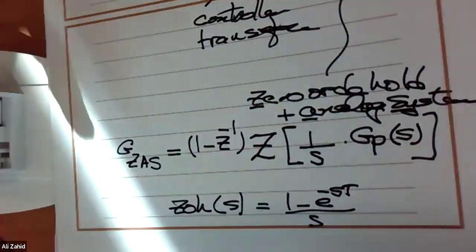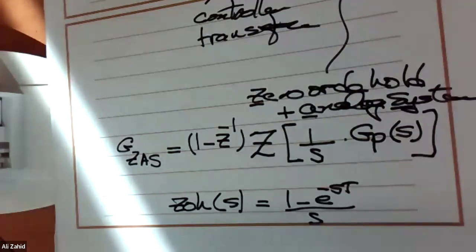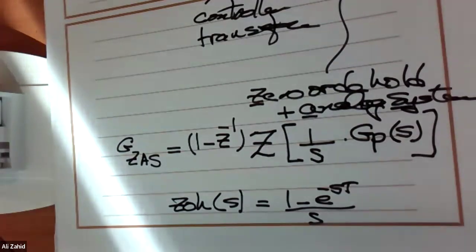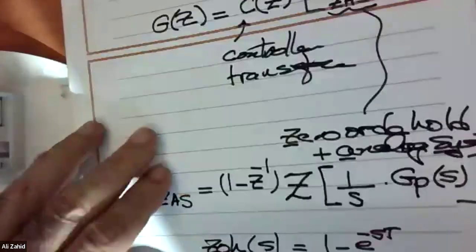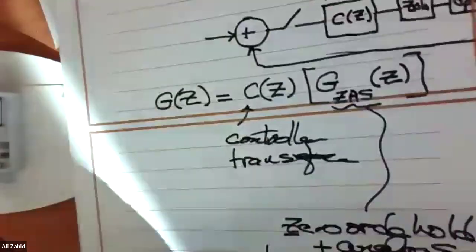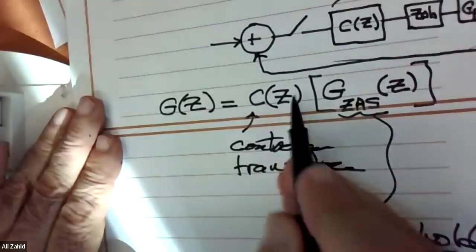And then I take the Z transform. Did you get it? Yes. This is only this one. Then I need to multiply by what? C of Z, which means what? G of Z equal to C of Z times.